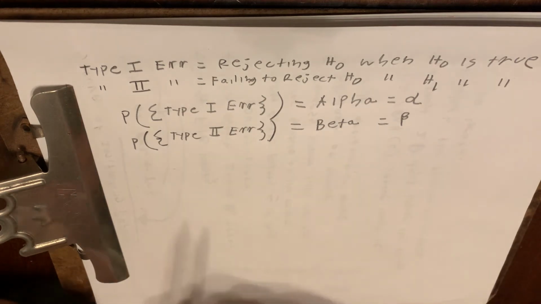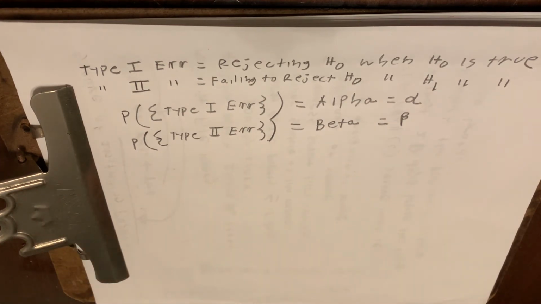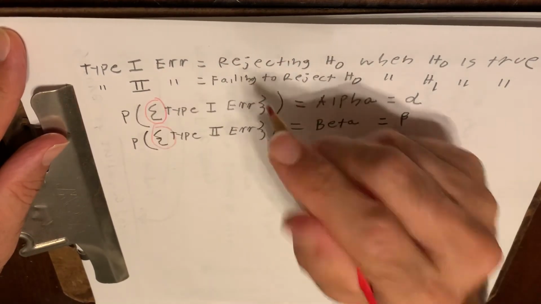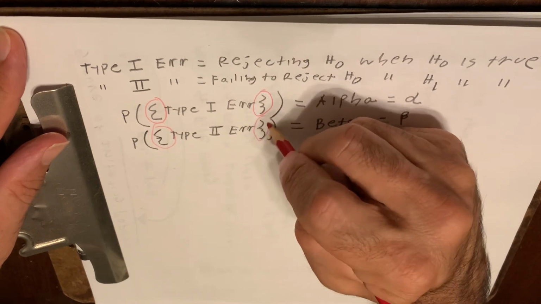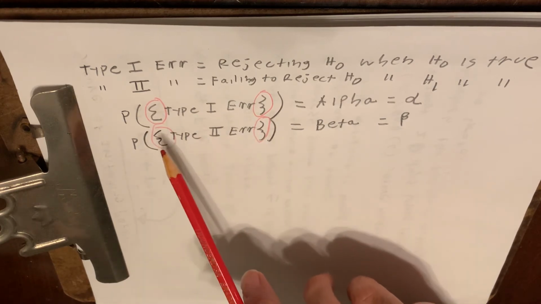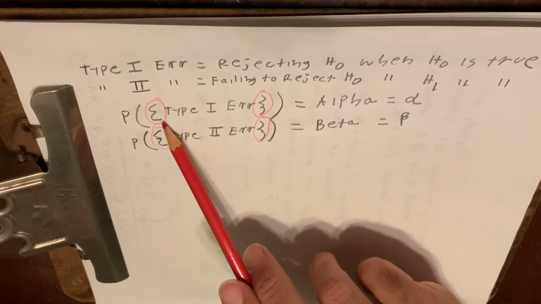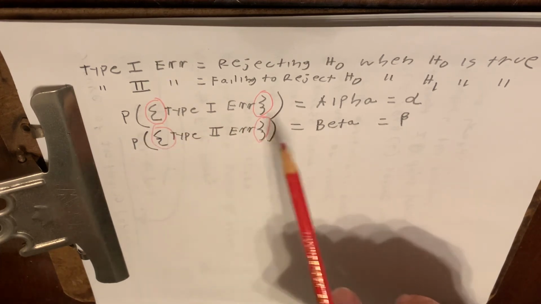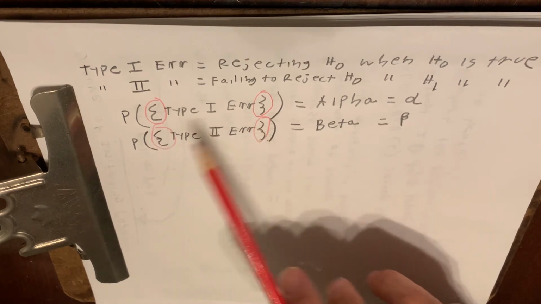Now, I do want to call your attention to one little thing. These curly brackets here, right? These are sometimes called set parentheses. In probability and statistics, you put events inside these set parentheses to show the reader that it's an event.